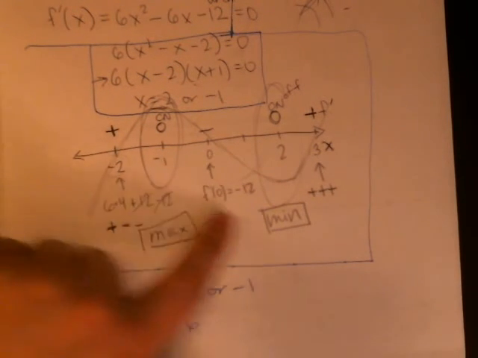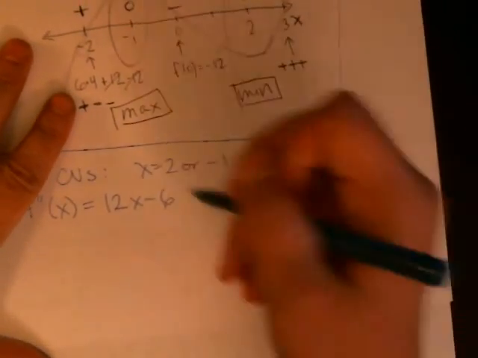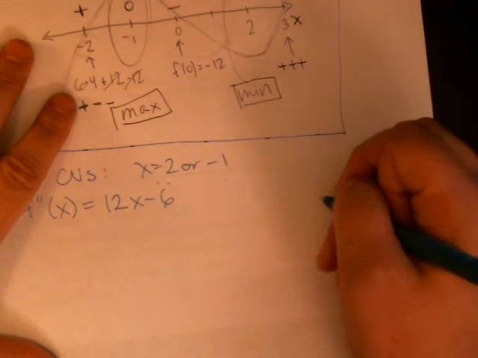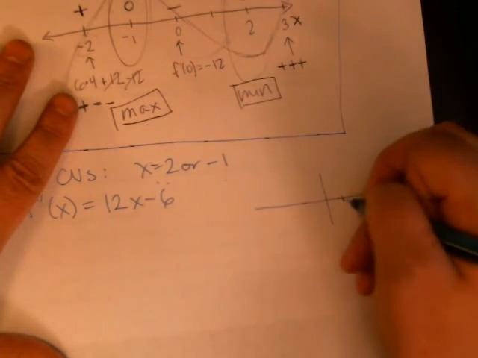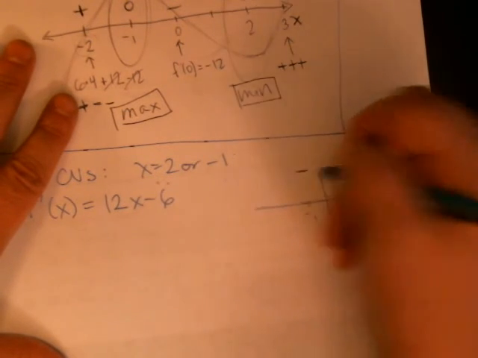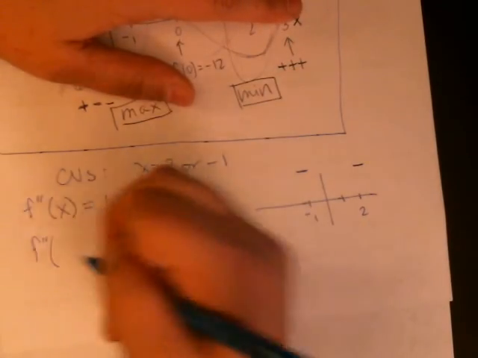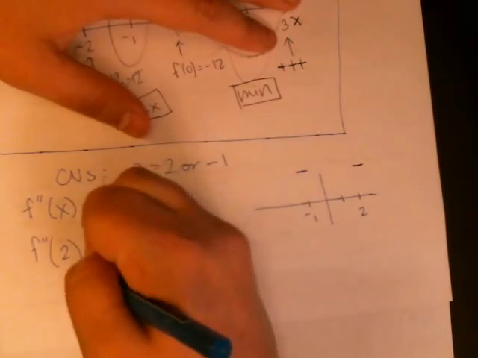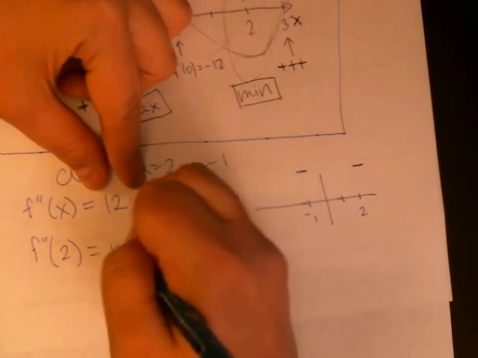And I don't need this whole sign chart. All I need to do is figure out at these two flat spots, because they are flat spots, x equals 2 or -1. There's a flat spot at each of those. And the second derivative tells me that at x equals 2, I have 24 minus 6, which is 18.